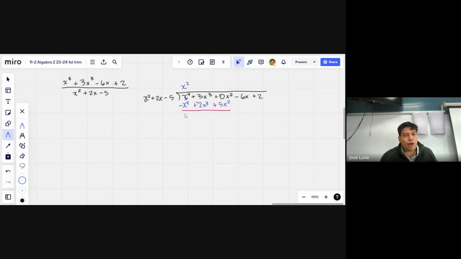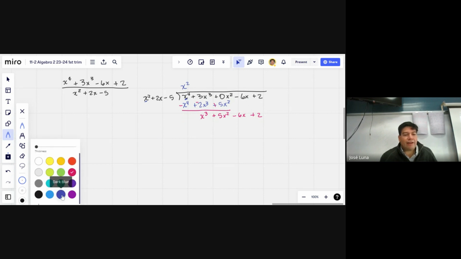The first one should always cancel. 3x cubed plus negative 2x cubed is 1x cubed, that's right. And 0x squared plus 5x squared is 5x squared. And then we bring down the others, minus 6x plus 2. And then we repeat the process.